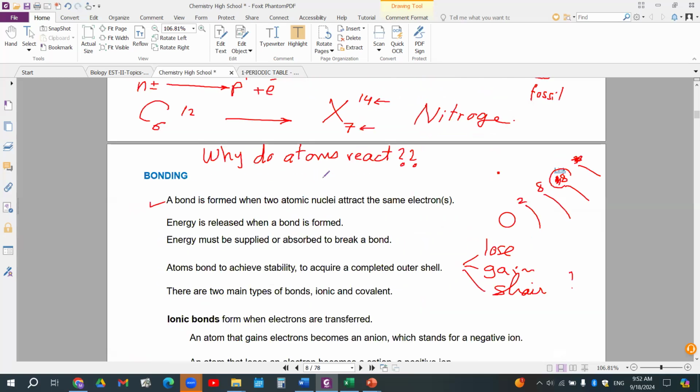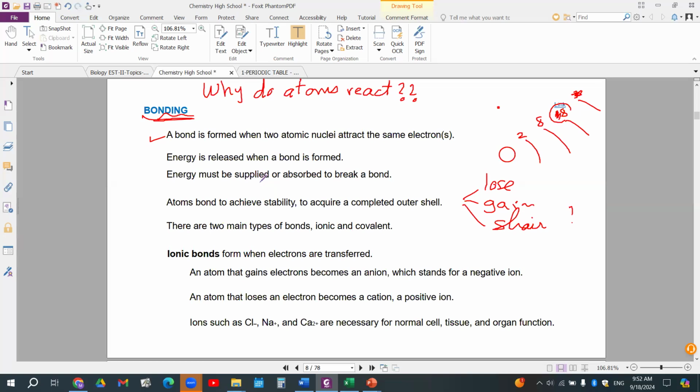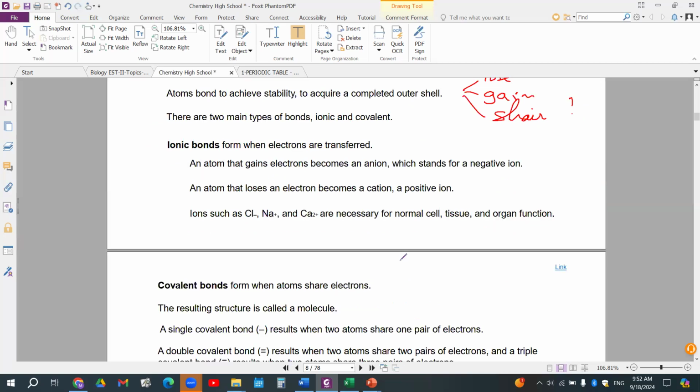So we have 3 types of bonding. Ionic bond between metal and non-metal, one loses, one gains, and they change into ions. Sodium chloride is an example. Here becomes positive, here becomes negative. When dissolved in water, sodium will move alone, chlorine will move alone.